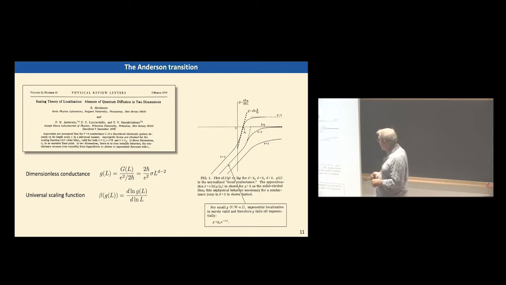And at small g, you have this very simple and crude argument. For small g, exponential localization is surely valid, and therefore g falls off exponentially, and that's enough.